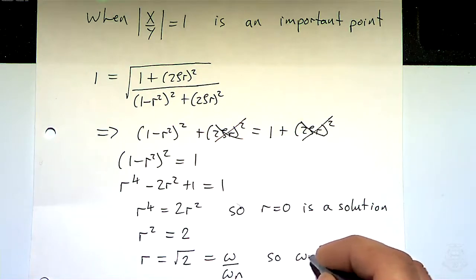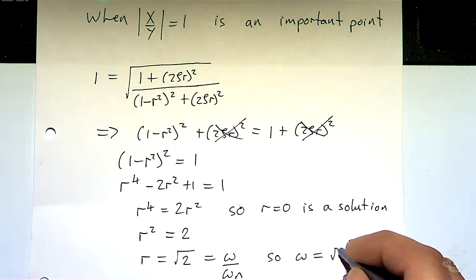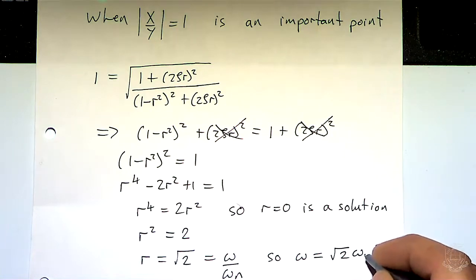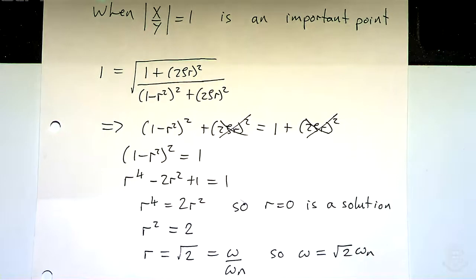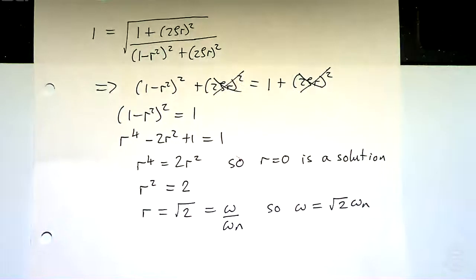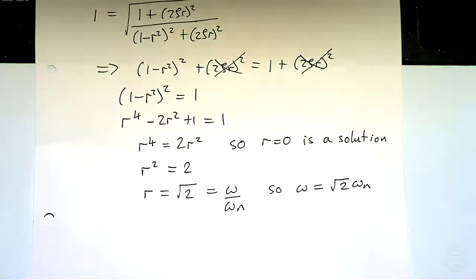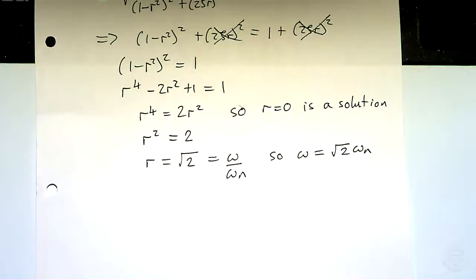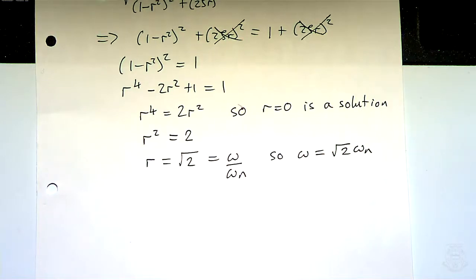So omega is equal to the square root of 2 times omega n for this special point where the transmissibility is equal to 1. This is all just for the special point where transmissibility is 1. And in fact, this point is called the crossover frequency.